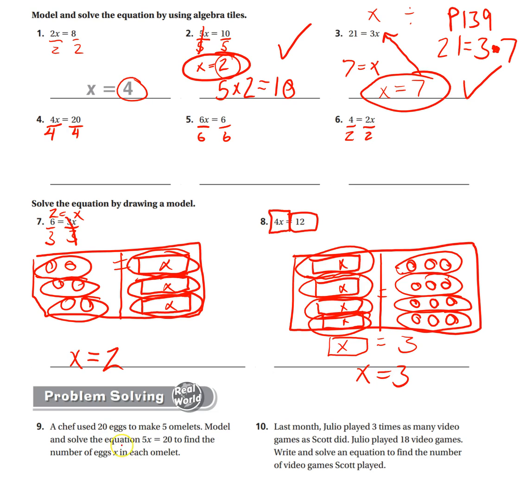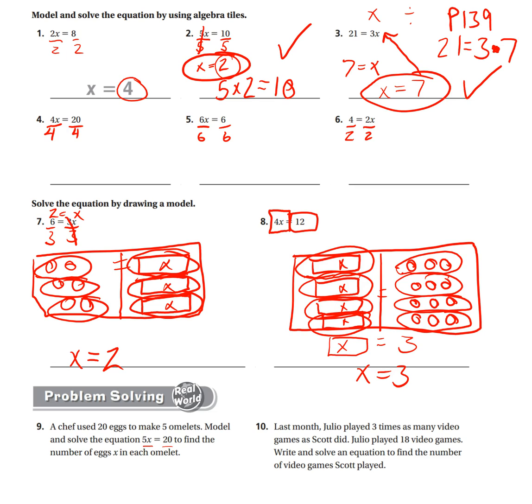So x equals 3. All right, a chef used 20 eggs to make 5 omelets. Model and solve the equation 5x equals 20 to find the number of eggs x in each omelet. I'm not going to force you to use the model on each problem, but I want you to understand the model. Okay, so if you have questions about the model, make sure you ask me, but I'm not going to make you solve each problem using the model.